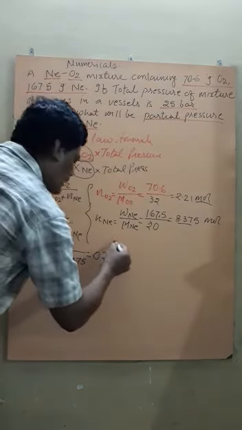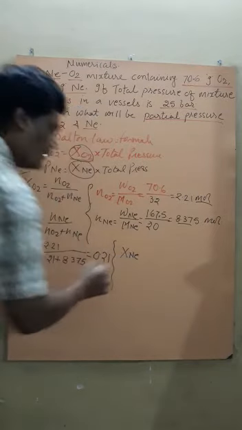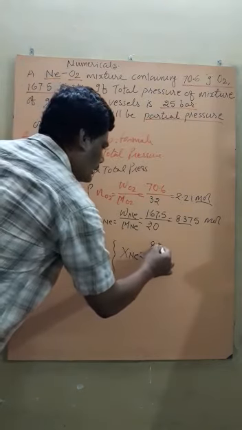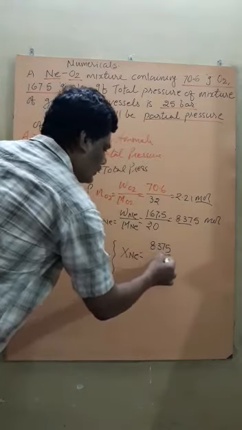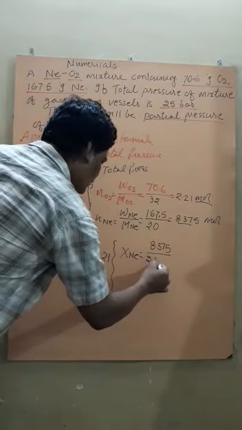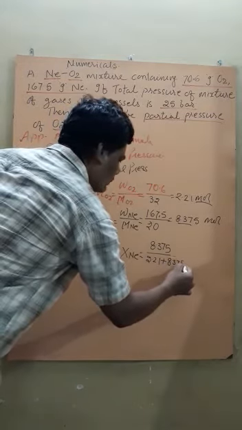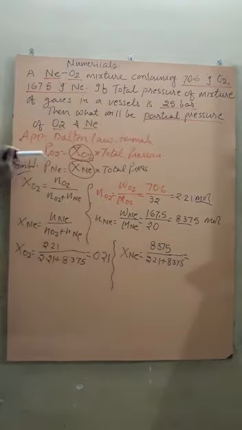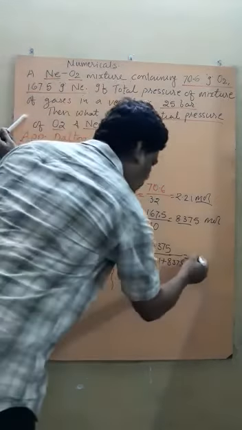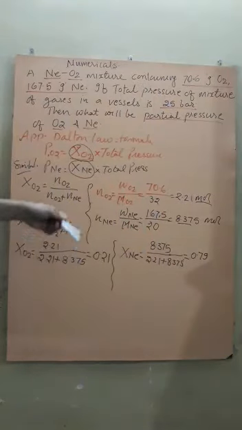Similarly, XNe will be equal to 8.375 divided by 2.21 plus 8.375. You have to solve it, and it will come to 0.79. This is XNe.